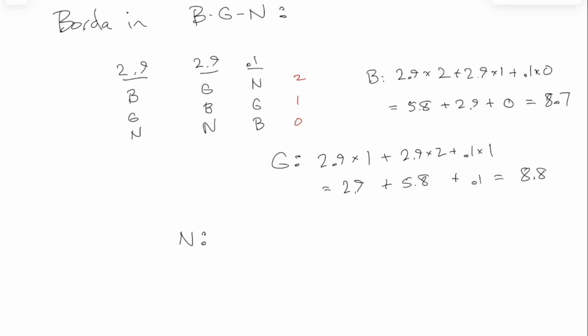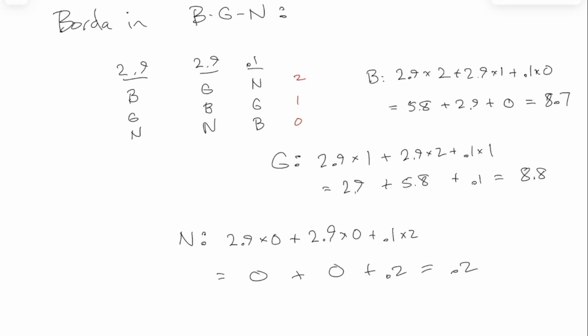Nader in the first column, 2.9 times 0. In the middle column, another 2.9 times 0. And in the last column, 0.1 times 2. Hey, how about that? This is 0 and 0 and 0.2. So 0.2 million points. A poor showing, as usual, by Nader.